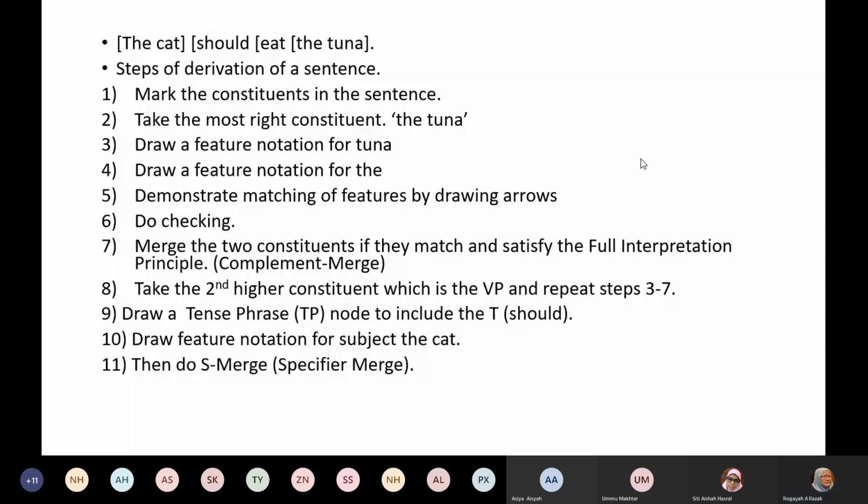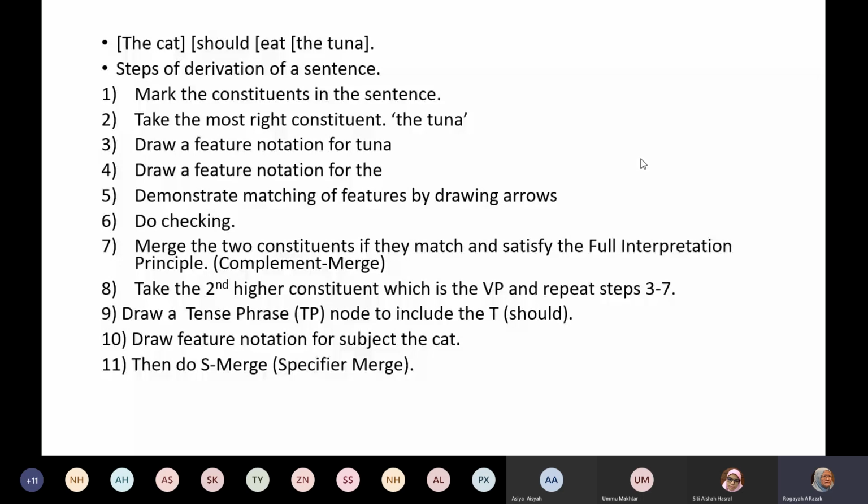Then we do should. Then we do the cat actually. The cat should be after, because eat requires internal, the tuna, and it requires external. So that's why the cat is under the VP, but it's the V head which requires external. So the V comes, the cat, which is the subject, comes together with the V under the VP.